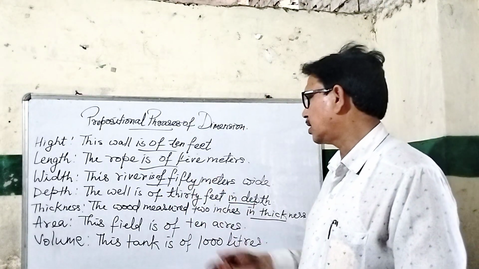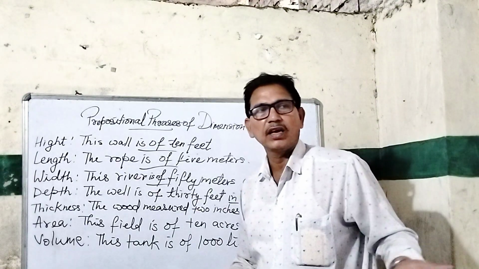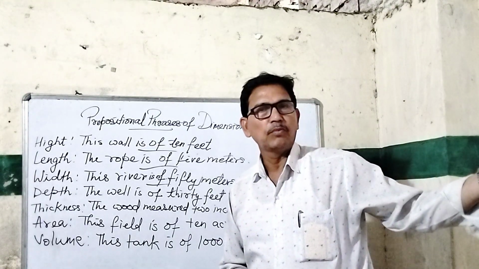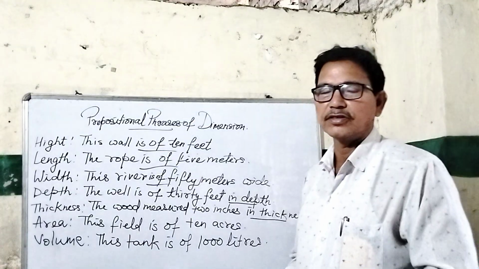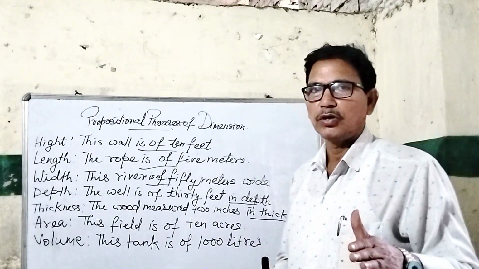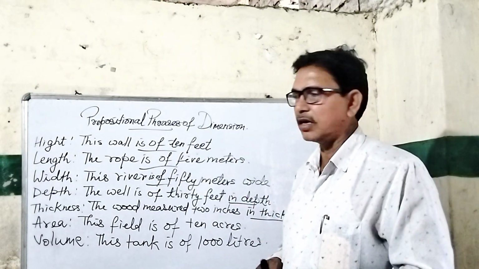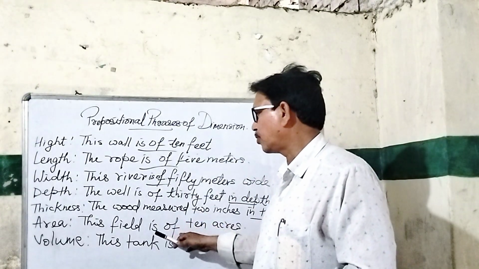The next one is area. This field is of 10 acres. Here we can say that this field is of 10 kathas. Of, with of preposition. You will just observe and listen carefully how the preposition is used.